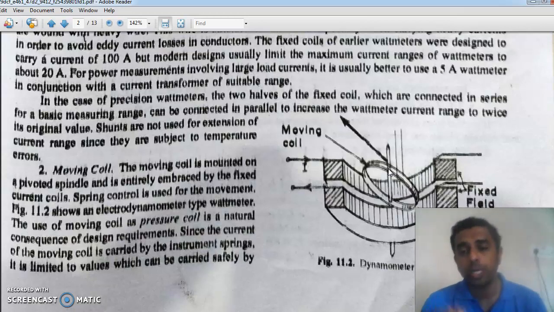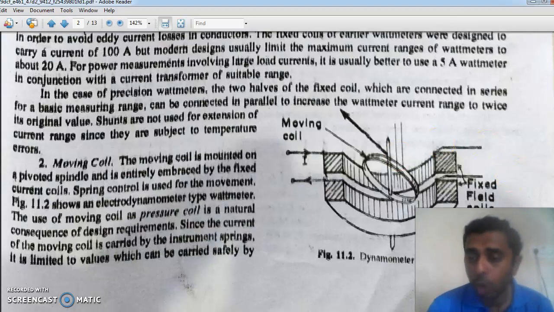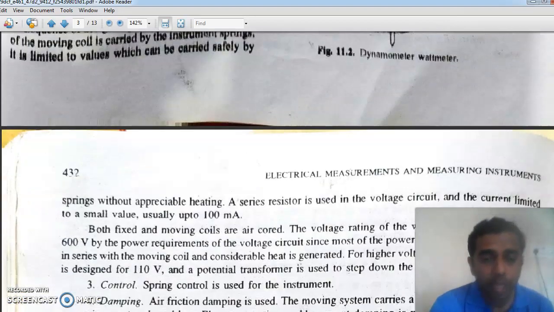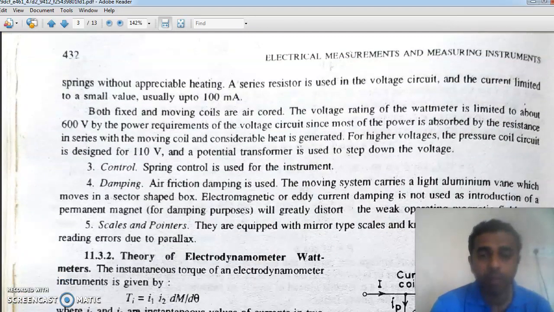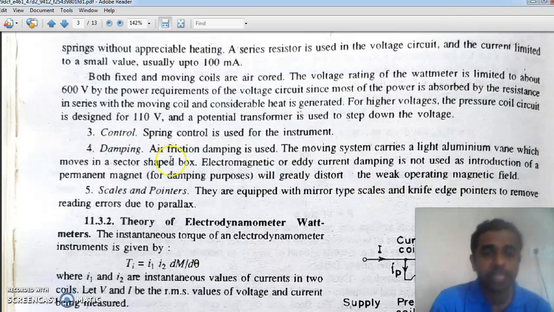That is how the springs serve as current in and current out for the moving coil, and they also provide the controlling torque. Normally the damping torque is provided by air friction damping. They have a small aluminum vane, which moves in a sector shaped box.